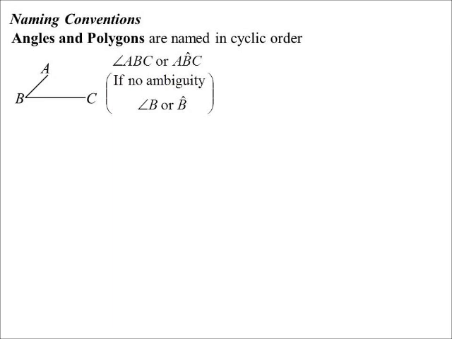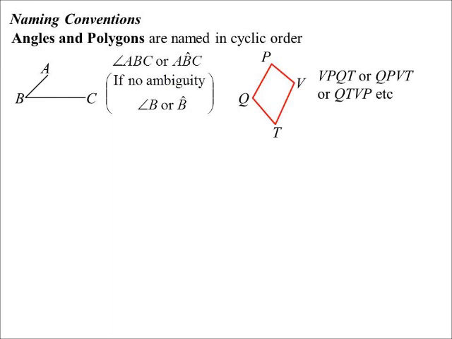If they want the reflex, then they would write angle ABC reflex or something like that. This quadrilateral, so many different ways I could name it. I could call it VPQT, QPVT, QTVP, many others. In fact, there's a good permutations question. How many ways could I name it?